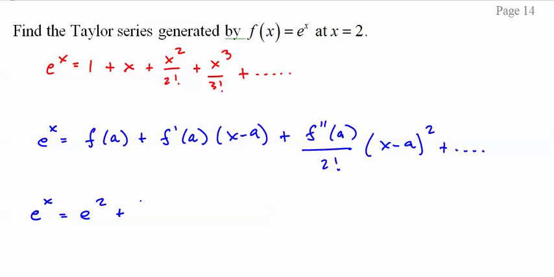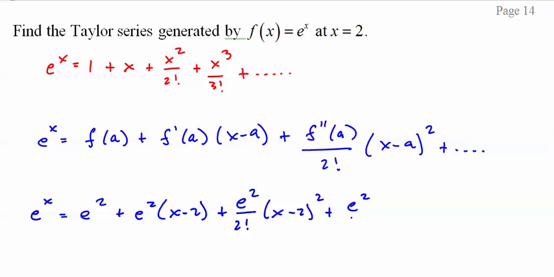Plus the derivative of f with a in it, e squared, times x minus 2, plus e squared over 2 factorial, x minus 2 squared, plus e squared over 3 factorial, x minus 2 to the third, dot dot dot.